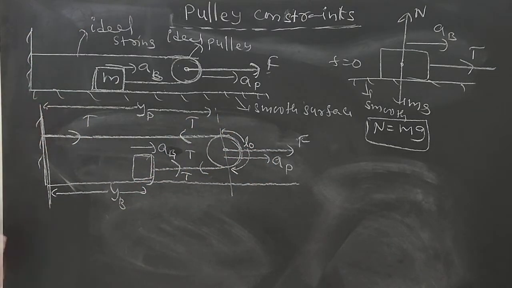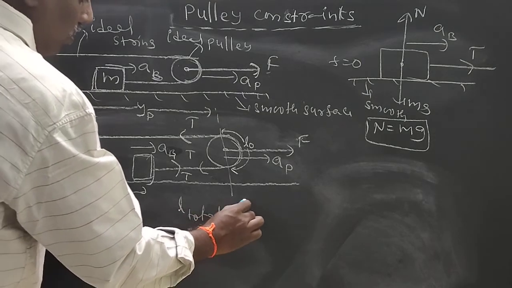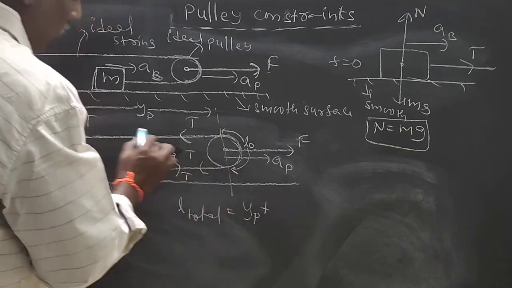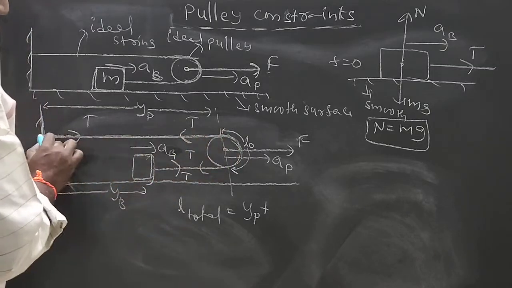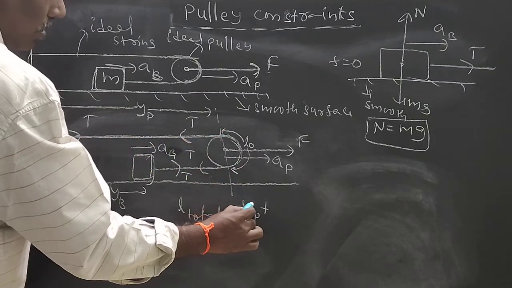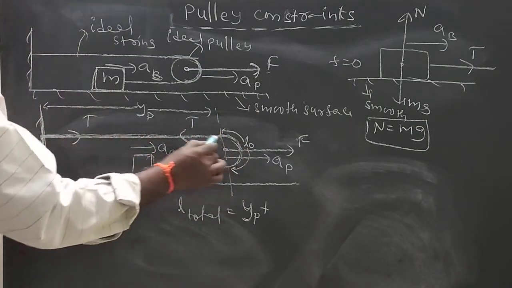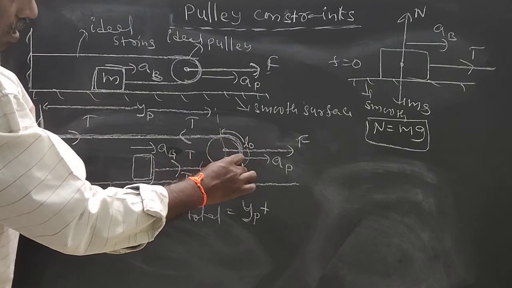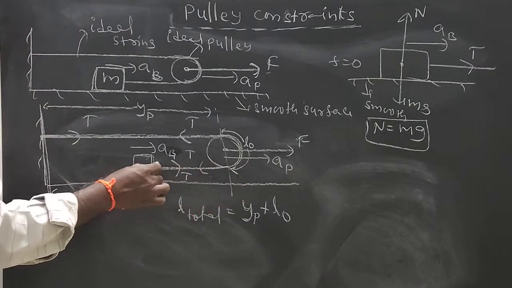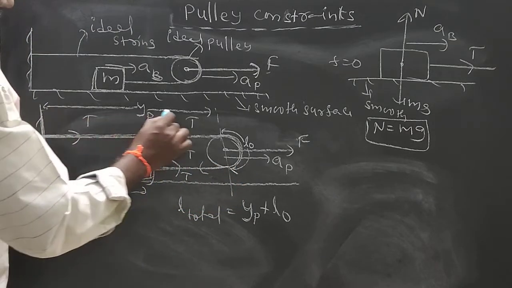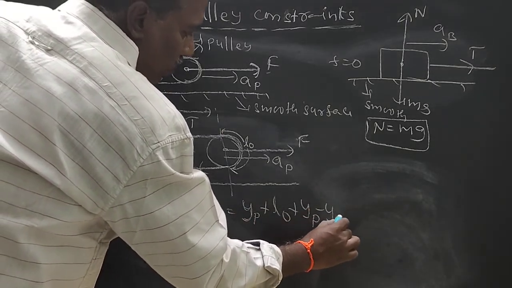What is the total length of the string? L total is equal to the length of the string from this point to this point, which is YP, plus the length from this point to this point, another YP, plus the length of the string on the pulley, L0, plus the remaining length, which can be written as YP minus YB.